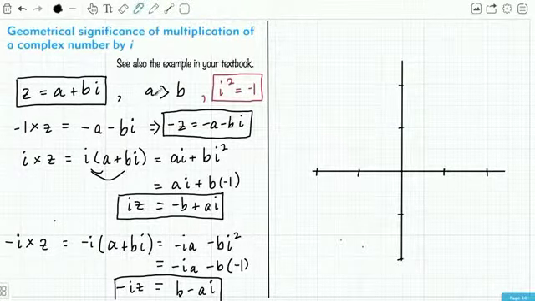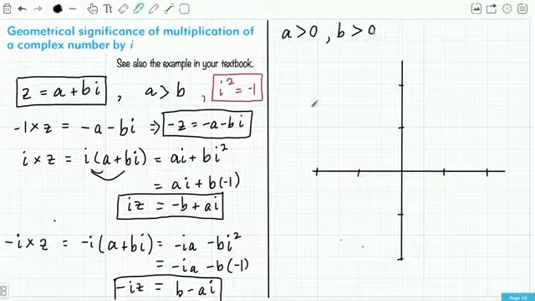We've got a is bigger than b. I'm going to work here with a and b being positive numbers, just so that it's a bit easier to sketch. And for a, let's just say roughly that a is double b, just for the sketching that I'm doing. So I'm going to put b here and a there. So if we have a plus bi, that would be my a, b.